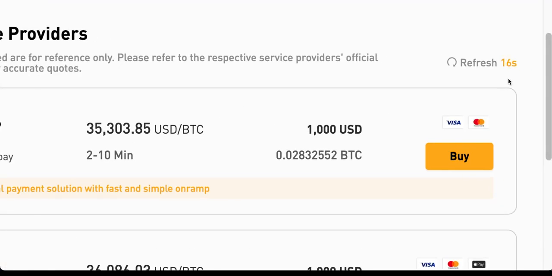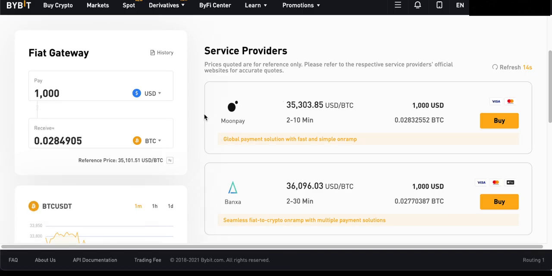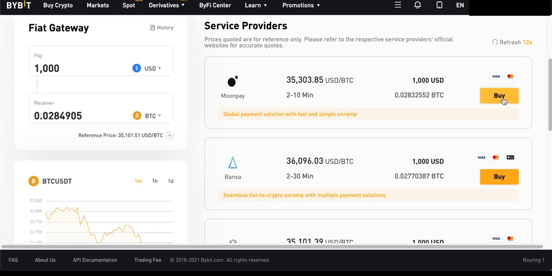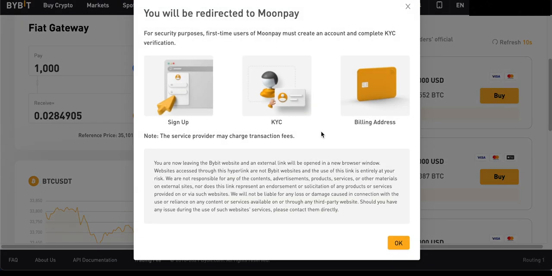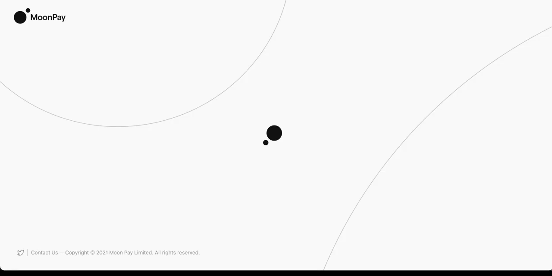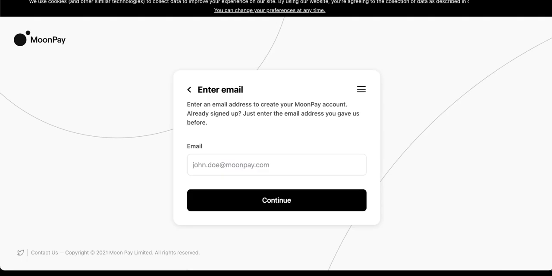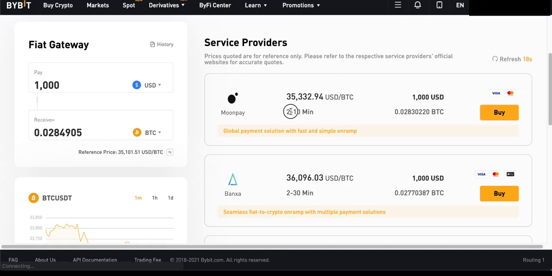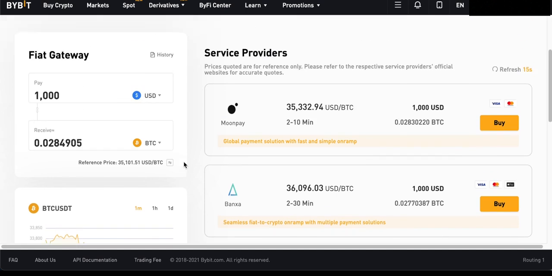So obviously those price quotes will refresh every 30 seconds or so. You can click on buy right here. It will actually take you through to MoonPay. What you'll have to do if you're a first-time user of MoonPay is create an account with MoonPay and set up your KYC verification. And after that transaction goes through, that will be deposited into your Bybit account within around 2 to 10 minutes, but it does depend on the provider.